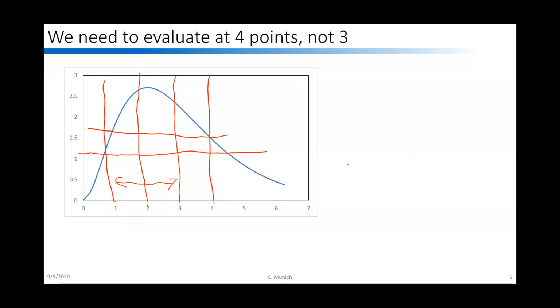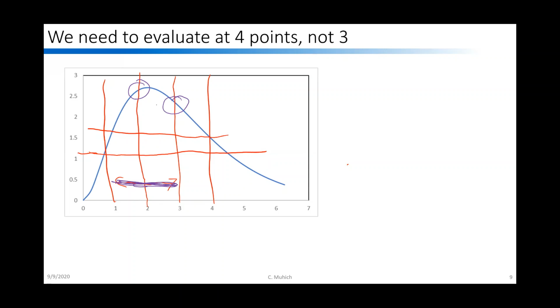That the extrema must be sitting somewhere between 1 and 3, because we have a value that's higher between 1 and 3, rather than sitting between 2 and 4. Because if I look at this value, 3 is going to be sitting lower than the value at x equals 2.